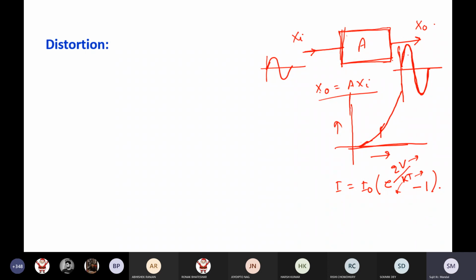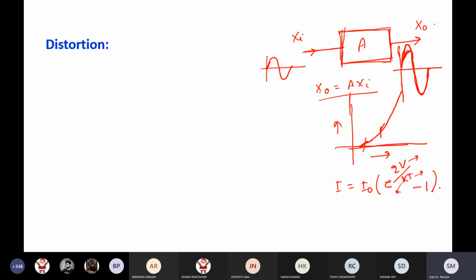But due to nonlinearity, what happens? If it comes into the cutoff region, or if it goes into the saturation region, in both cases it cannot provide the exact reproduction of the input signal. Sometimes it is distorted, so it does not follow the exact sinusoidal waveform.